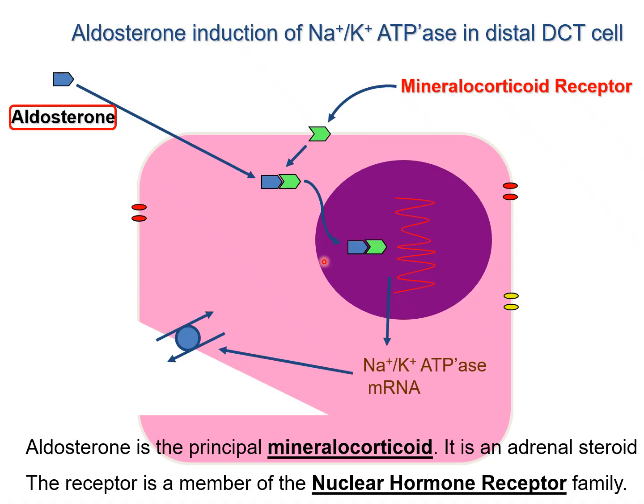And once it's inside the nucleus, this mineral corticoid receptor, which is a member of the nuclear hormone receptors, causes an activation of biosynthesis of these sodium potassium ATPase by increasing their mRNA production, followed by translation. So it basically motivates more production of sodium potassium ATPase mRNAs, and increases the amount of sodium potassium ATPase produced, as we said.